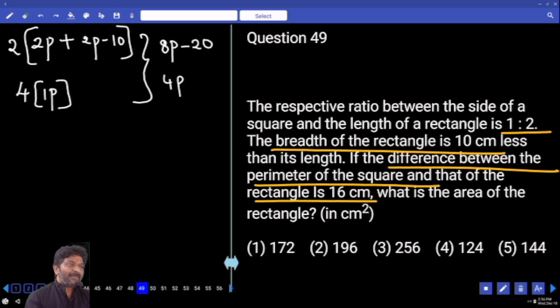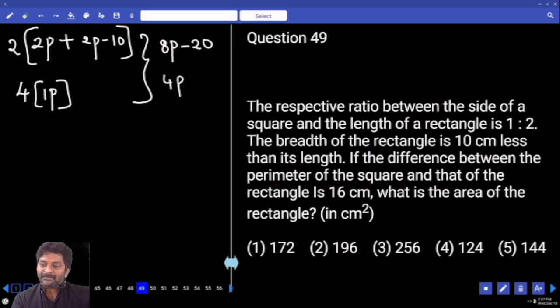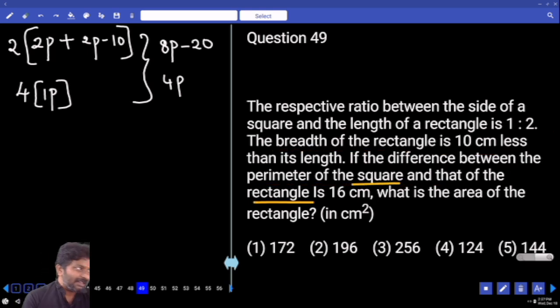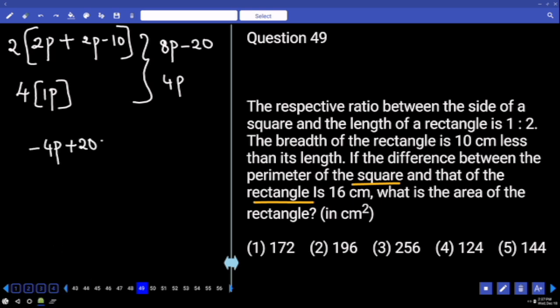Difference of A comma B, in the sense it may be A minus B or B minus A. 2 possibilities will come. First, according to the given order, square and then rectangle is mentioned. Square perimeter is 4 parts. From that, if you subtract the rectangle perimeter, you are going to get minus 4 parts plus 20 is equal to 16.